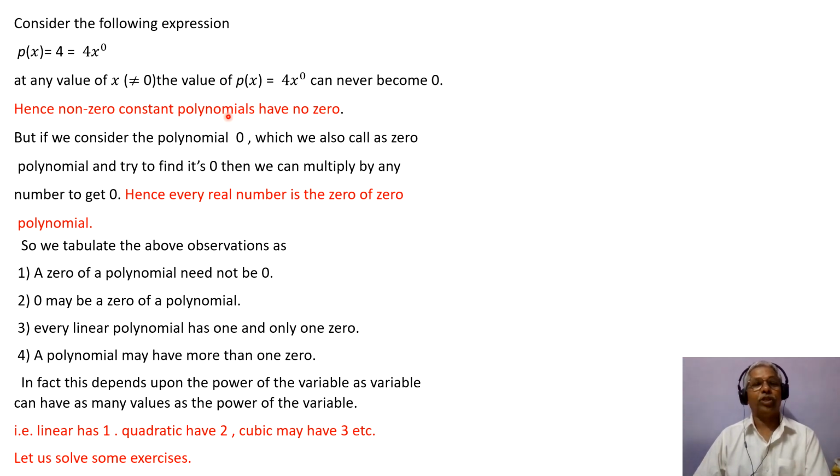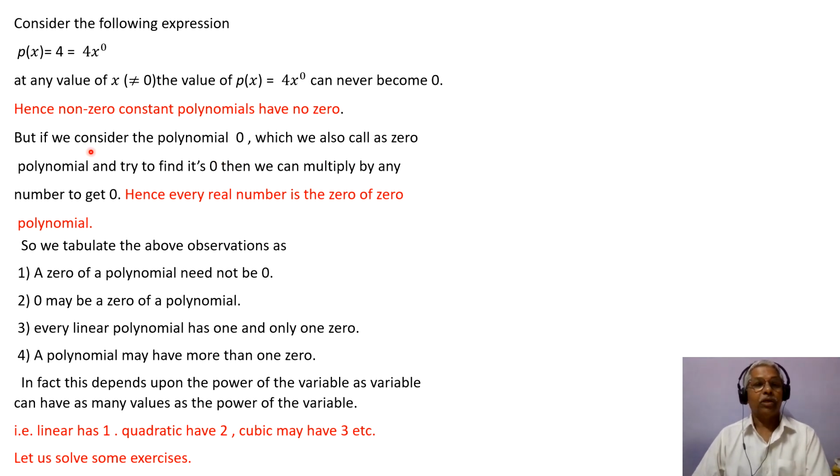We are talking about the zeros of a polynomial. Now see, this is very important. But if we consider the polynomial 0, here it was 4, and that is also a polynomial. Now there is another polynomial, 0. It's called the 0 polynomial, and we are talking about the 0 of the polynomial.